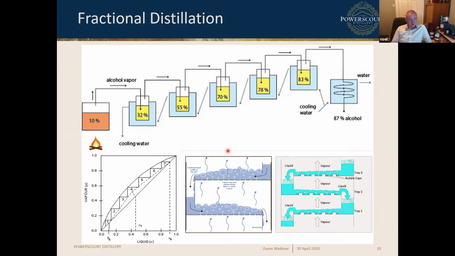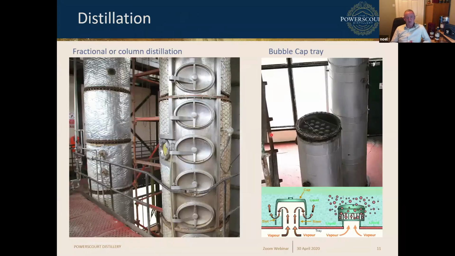So if we look at the next slide, we'll show you a slide of columns, and these actually also come from Cooley. And the one on the left, we're looking at the first column here. The one on the right where the man doors are is a stainless steel column, and each door that you can see there is an inspection port that you can actually go in and have a look.